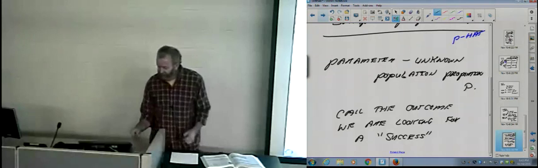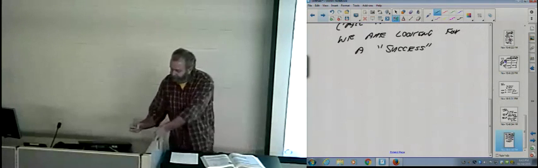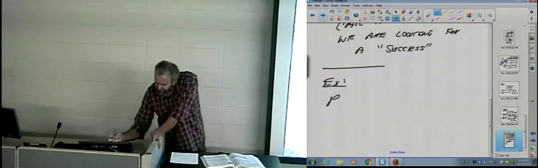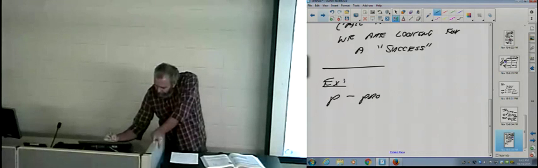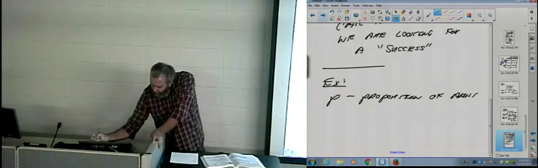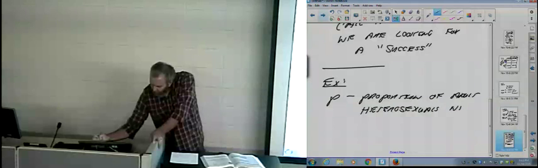Okay? So, in this example that we were looking at here about adult heterosexuals, my example had this. P, your parameter. This was the proportion of adult heterosexuals with more than one partner.